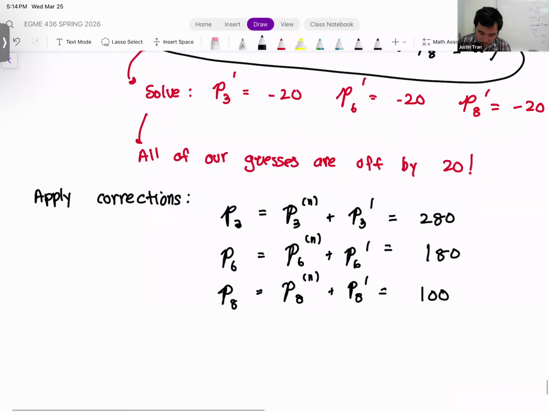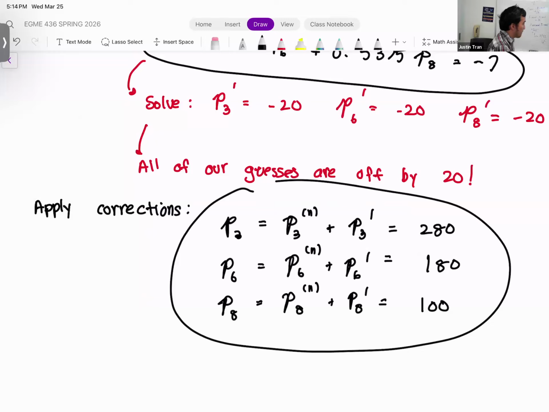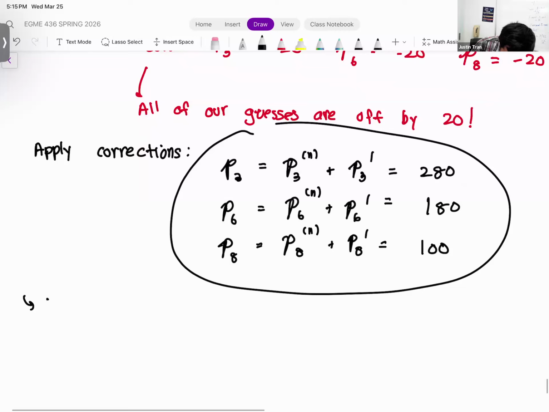Okay. All right, and then last step in this problem that we unfortunately ran out of time for is that now that we have our pressure corrections, we can then correct our mass flow rates as well. Okay, so last step.